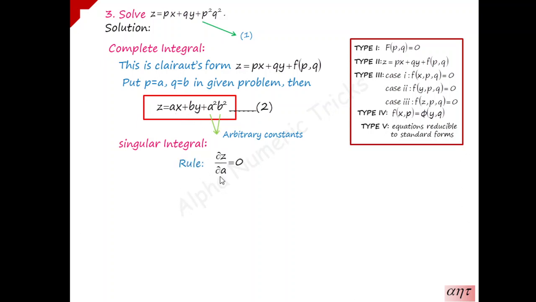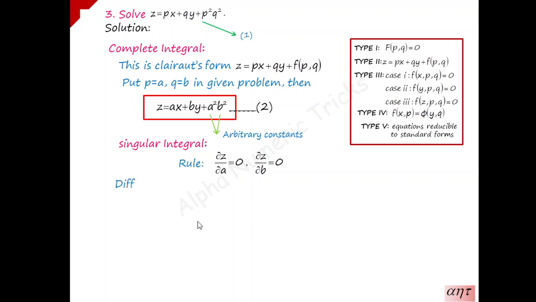Use the rule: dou z by dou a is equal to 0 and dou z by dou b is equal to 0. Here z contains two arbitrary constants a and b, so you differentiate z with respect to those two constants and equate to 0. That is our rule, and using this rule we can find the singular integral. One thing you should remember: the singular integral exists for Clairaut's type of problem.